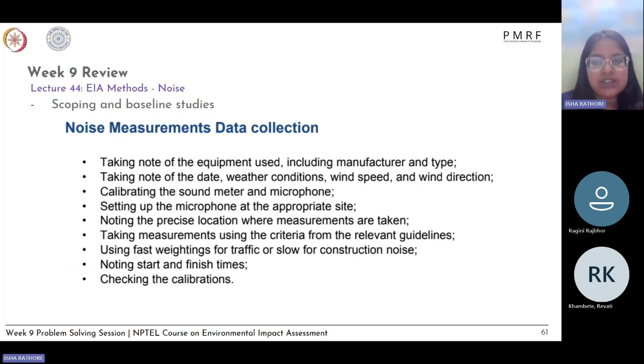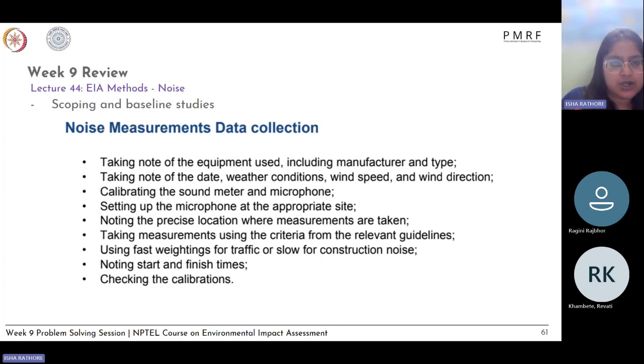Take measurements using the criteria from the relevant guidelines, using the weights which we saw in the previous slides, noting the start and finish times, and having that frequency setting, taking a recording every 10 minutes or every half an hour. Then check the calibrations, whether the data we are getting is correct or not.